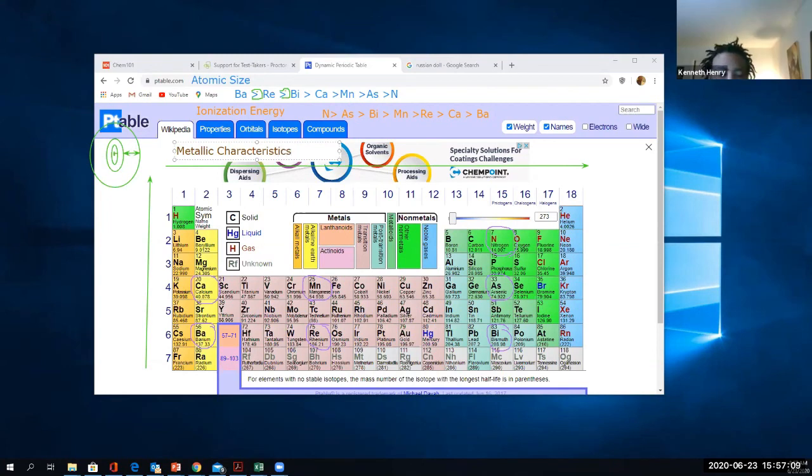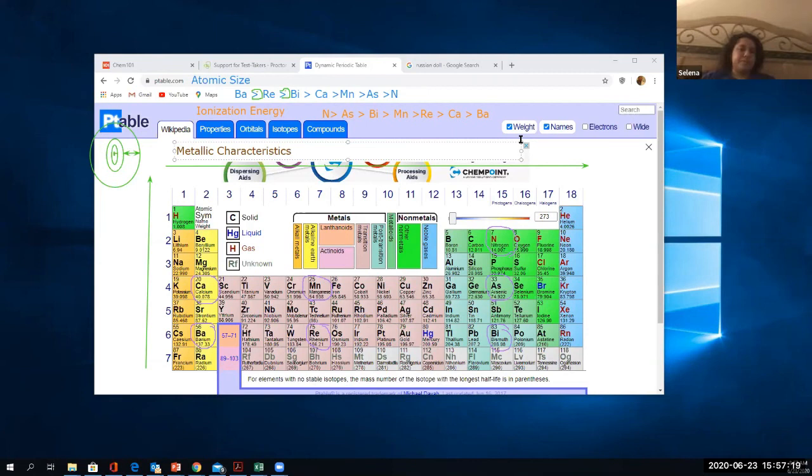Metallic characteristics. Who's going to be the one that has the most metallic characteristic? Barium? Radium or calcium?